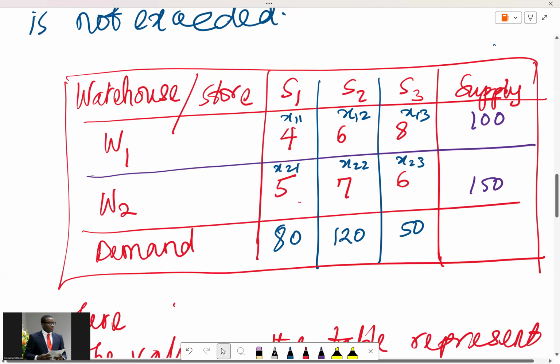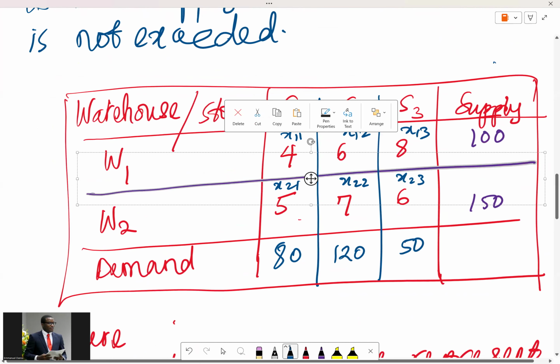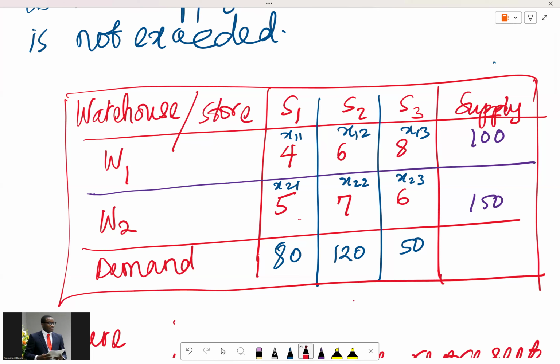This is how the supply constraint goes, but the demand constraints will have to come down, for each column. So for the demand constraint, we have what you see there.